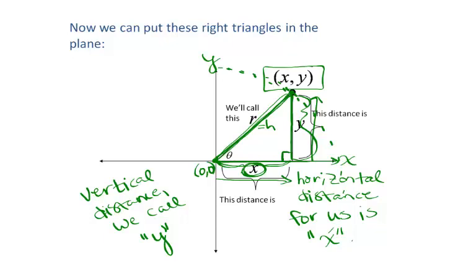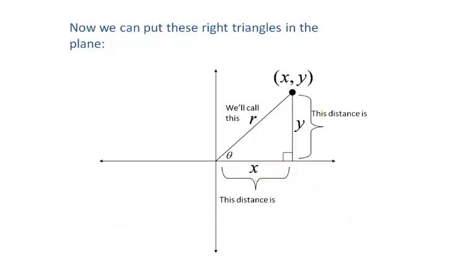So all I've done is change letters on you. I haven't changed anything else. We've gone from O, A, and H. We're now dealing with X, Y, and R. That's all I've done is change letters.